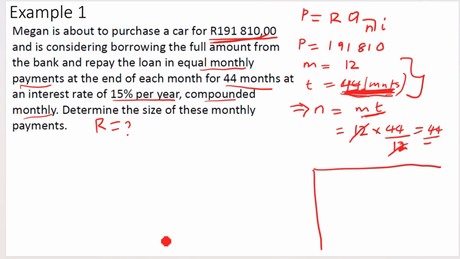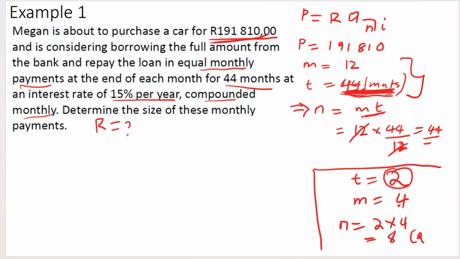If you are told that the payments are done over 2 years, and they are done quarterly, then your M is 4. Remember, we want to convert this time so that it becomes quarterly. So we multiply 2 by 4, which is equal to 8 quarters.